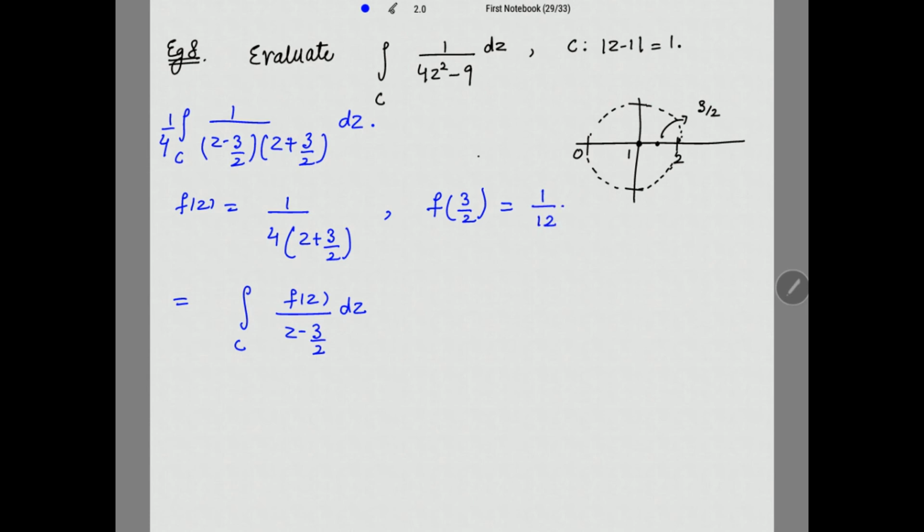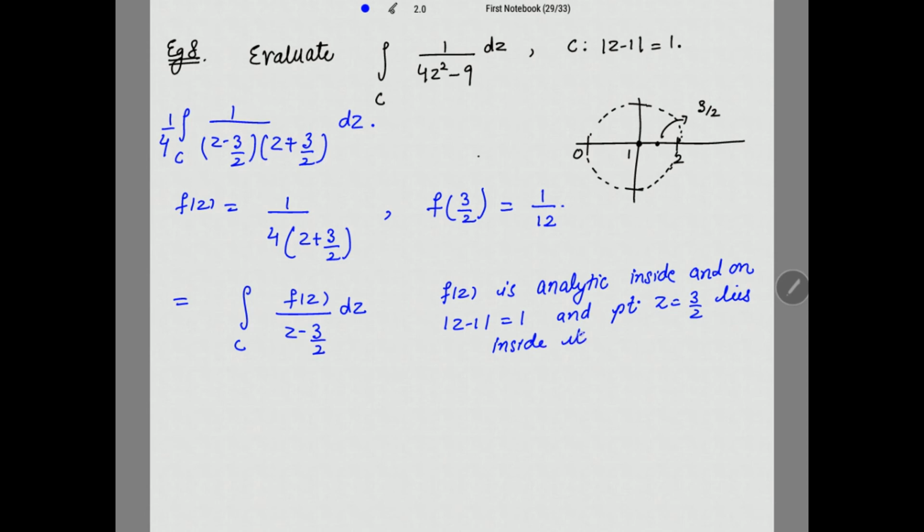Now since f(z) is analytic inside and on mod of z minus 1 is equal to 1, and the point z equal to 3 by 2 lies inside it, by using Cauchy's first integral formula, this will be equal to 2 pi iota into f of 3 by 2.